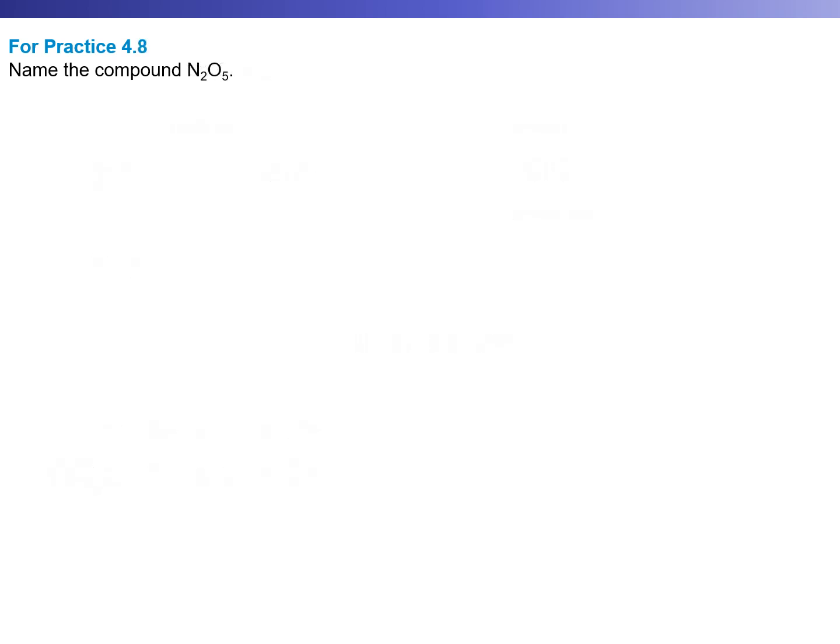All right, so here we are, question 4.8, and what they want us to do with this one is name this particular compound. Now you'll notice that I'm not using the language ionic at this point. How do we know the difference between something that is a molecular compound and something that is an ionic compound?